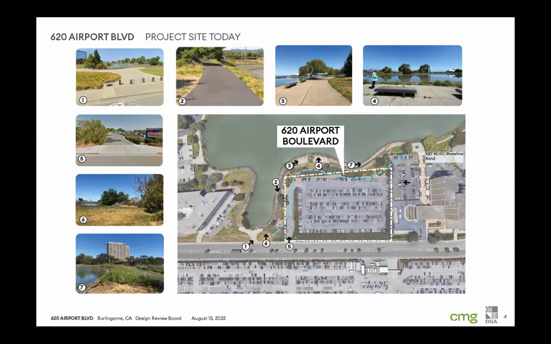The site within the parcel is a parking lot that does not allow public access through it. The public parcel, as you see here, and as well described by the staff presentation, has a 10-foot wide bay trail that's below the current standards for the bay trail, with a few public seating areas that are, I think, in need of updating. And there's a public access point marked by number 1 where you can access the bay trail from the sidewalk.